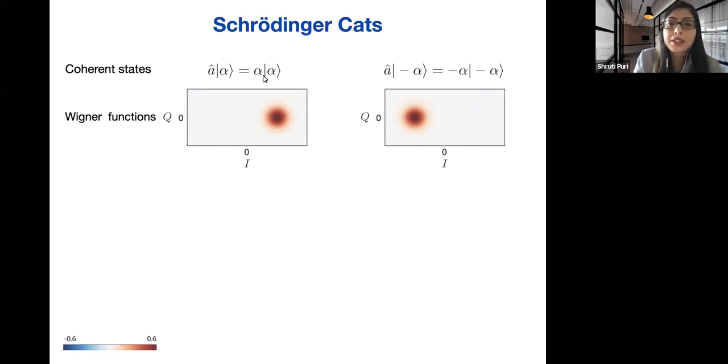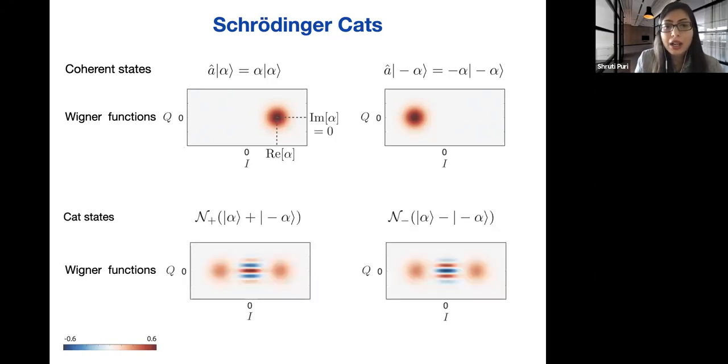In the phase space, the coherent state alpha looks like a blob at plus alpha, and the coherent state minus alpha looks like a blob at minus alpha. Here, in this example, I'm imagining alpha to be real. So the imaginary part of alpha is 0, and therefore this blob is along the q equal to 0 axis.